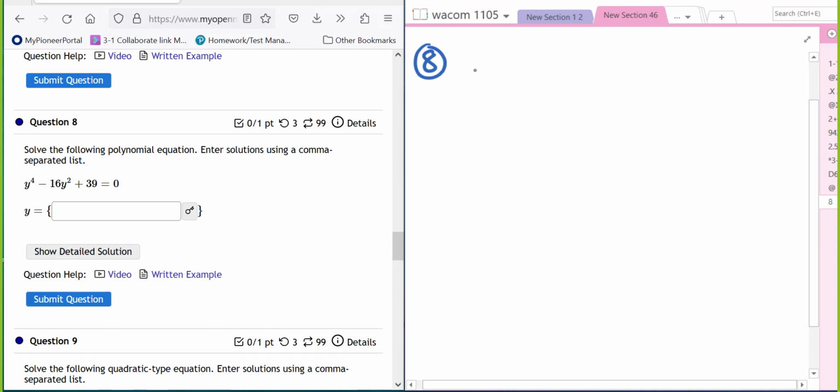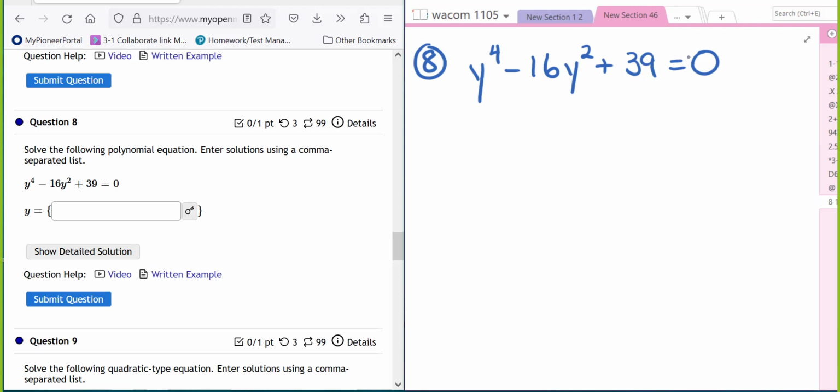This one, you might be able to see what would work to make this one factor. Because you can multiply to get 39 and add to get 16. If you think of 13 and 3, 13 times 3.